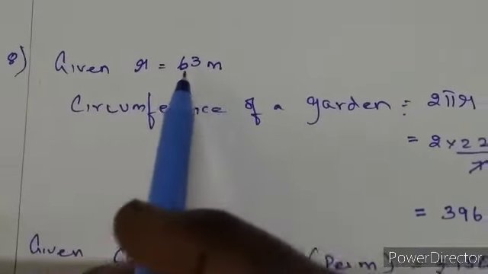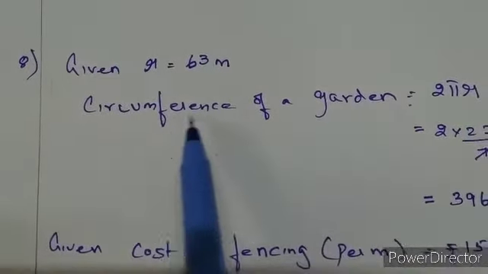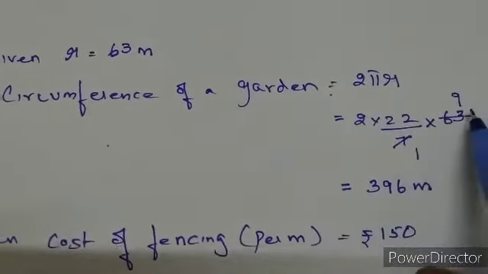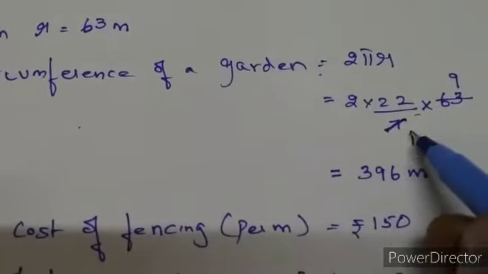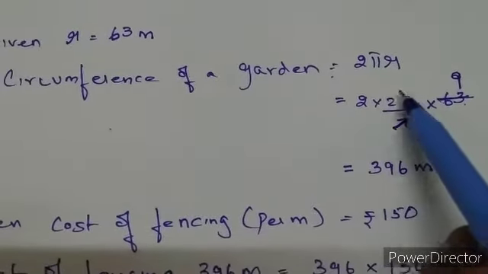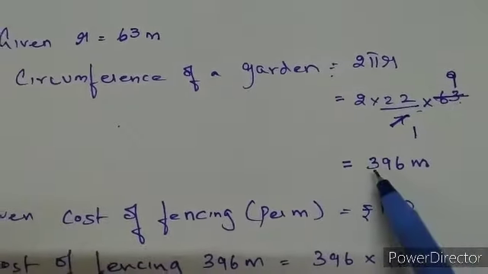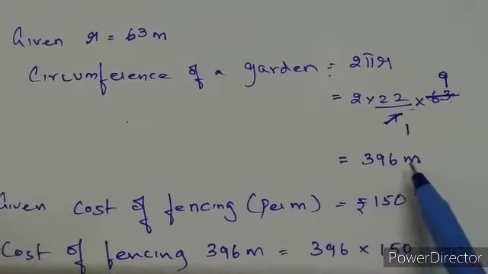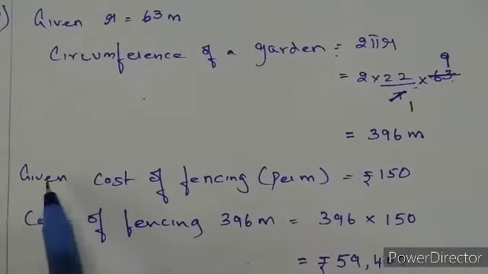Given r equal to 63 meter, circumference of a garden is 2 pi r, 2 into 22 by 7 into 63. So 7 ones are 7, 9s are 63, and multiplying these three numbers, you will get the total circumference of the garden as 396 meter. Now write step 2.